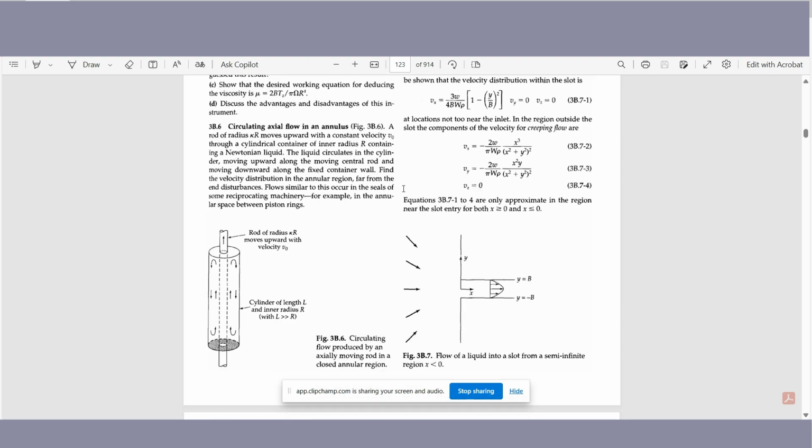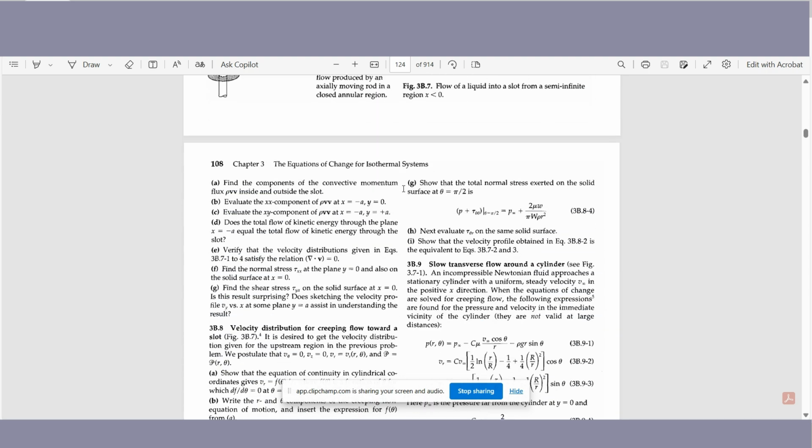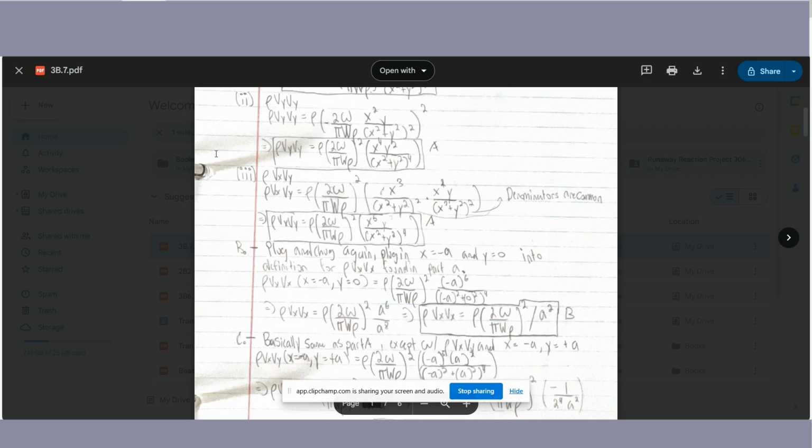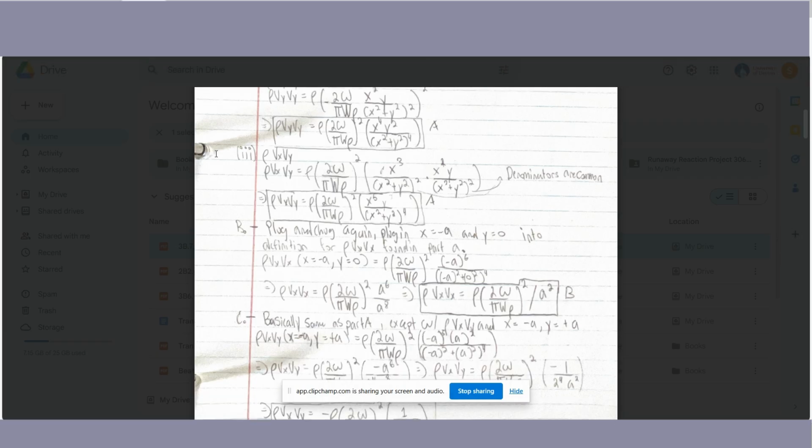Part B. Part B is evaluate the x-axis components of rho VV at x equals negative a, y equals 0, and x equals negative a, y equals positive a. Just back to those equations, you're just plugging them in.